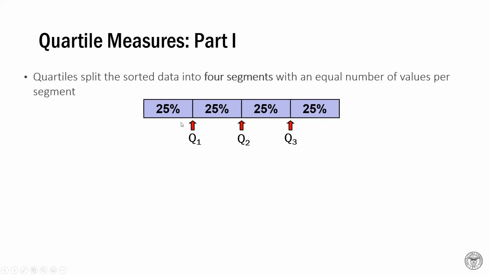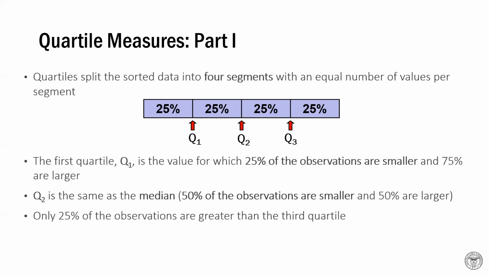The second quartile is in the middle of the data. And the third quartile is the 75% point. The second quartile, also called Q2, is the same as the median. That is, 50% of the data are smaller and 50% are larger than the second quartile point.